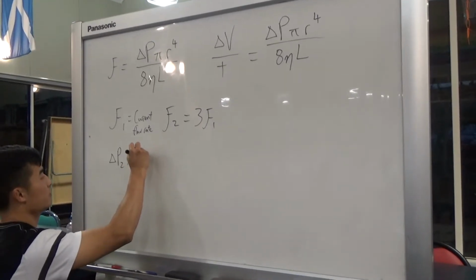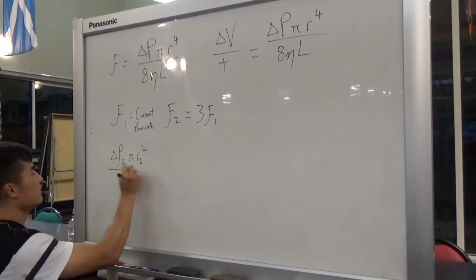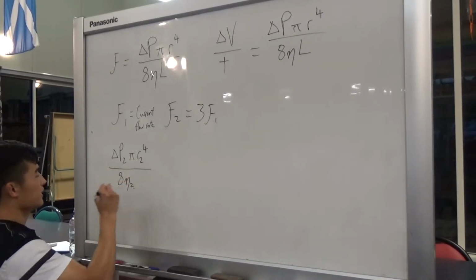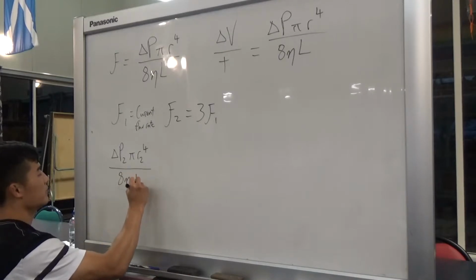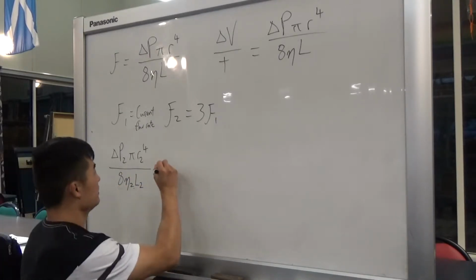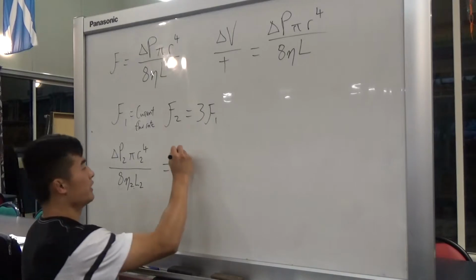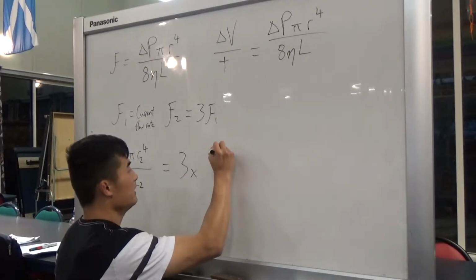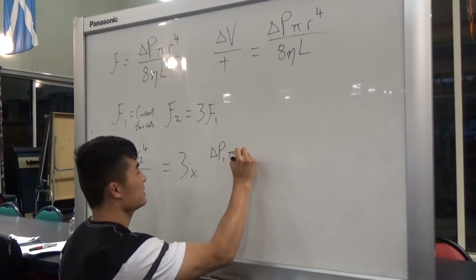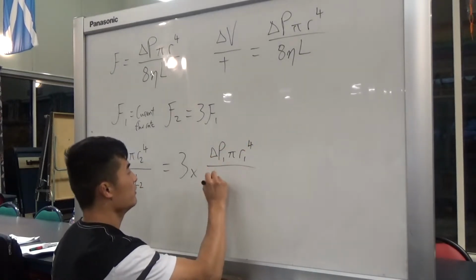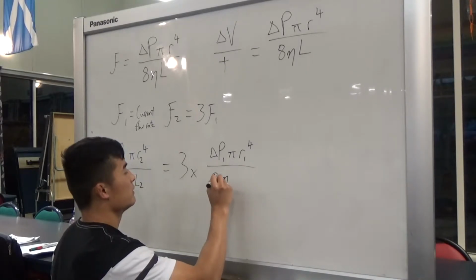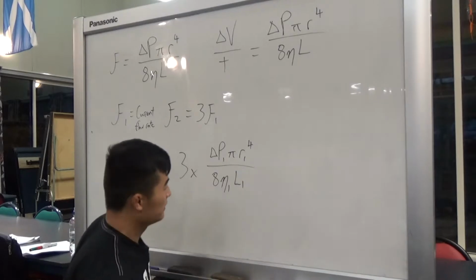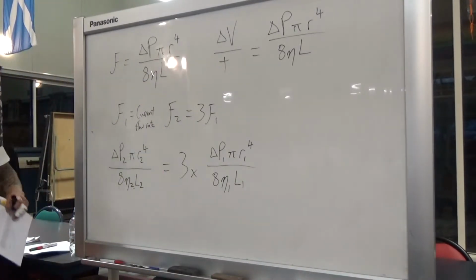So radius 2 to the 4th power over 8 times viscosity 2 times length 2 is equal to 3 times delta P1 times pi times R1 to the 4th power over 8 times viscosity 1 times L, the length 1.